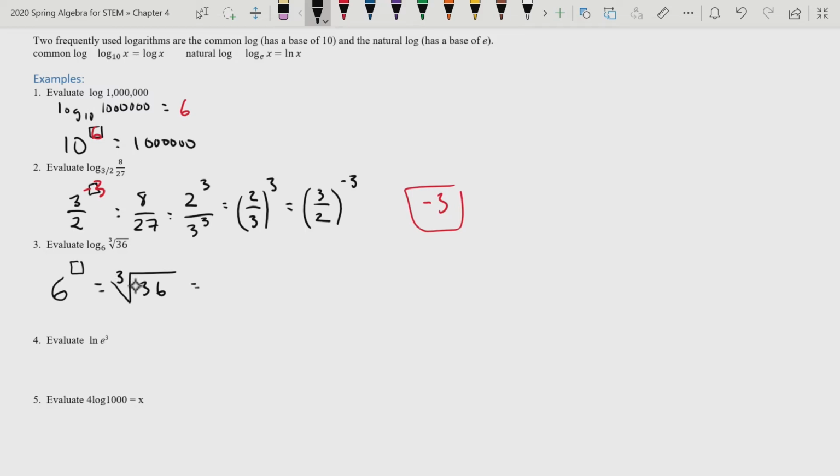Well, the cube root of a number is that number to the 1/3 power. And 36 is 6 squared. So 6 to the 2/3 is the cube root of 36. So the exponent on 6 that gives the cube root of 36 is 2/3.